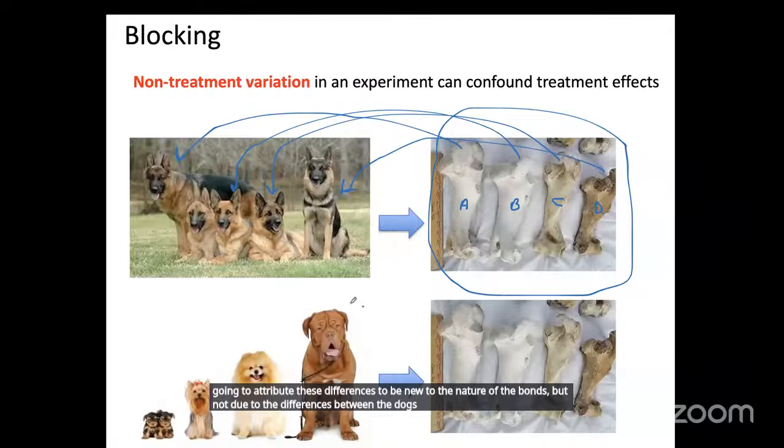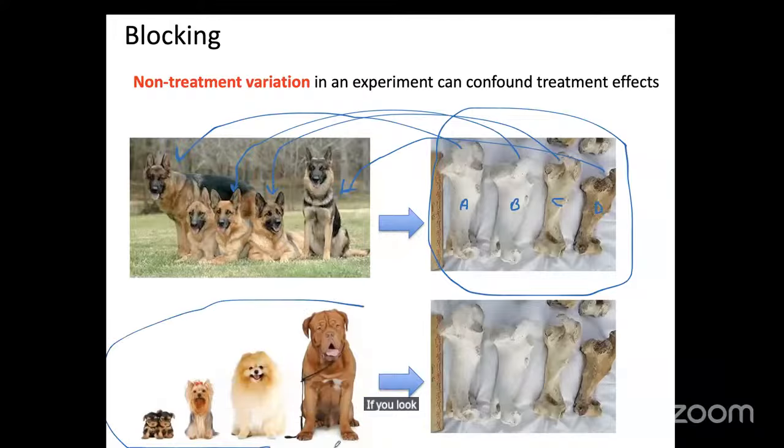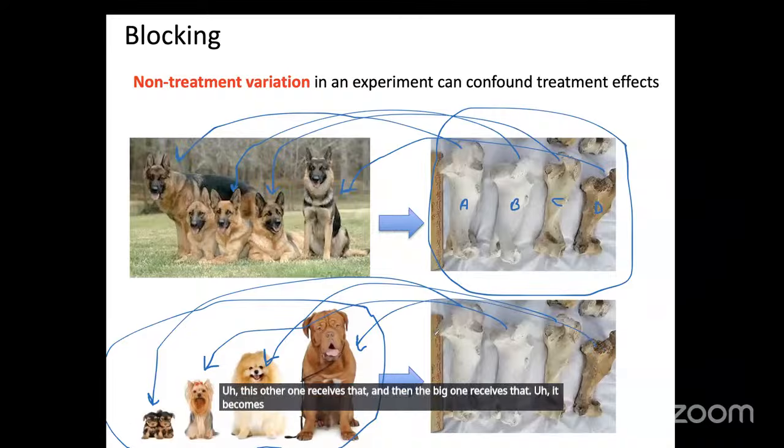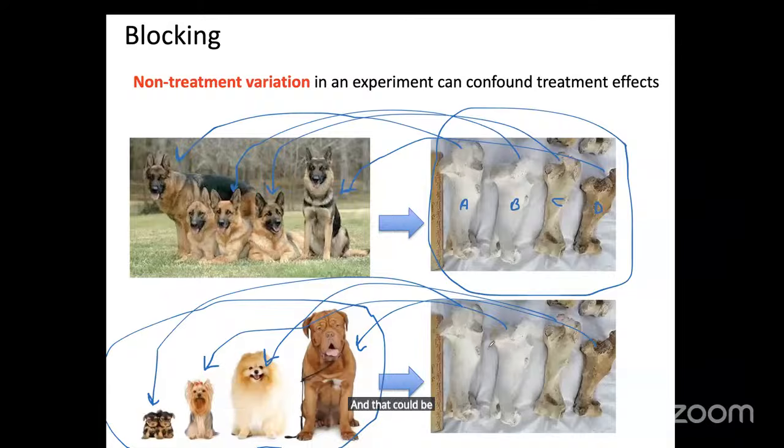But if you look at this group here, then the story is going to change. If you give this dog this, the other one receives that, this other one receives that, and then the big one receives that, it becomes a little bit difficult for you. For example, let's say we are measuring how long it takes for a particular bone to be cracked, which could indicate how strong the bone is.